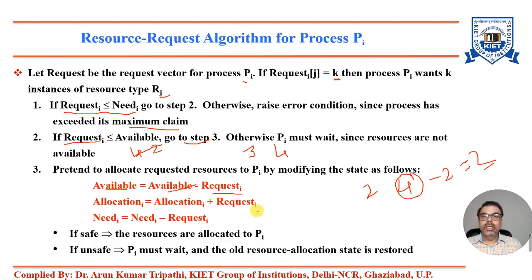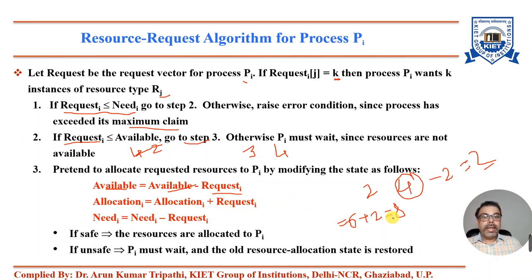Now allocation. I already have six resources and two resources are allocated to me from the system. So the allocation will be 6 plus 2 is equal to 8. So allocation will be updated by allocation plus request. Now, what will be my need?